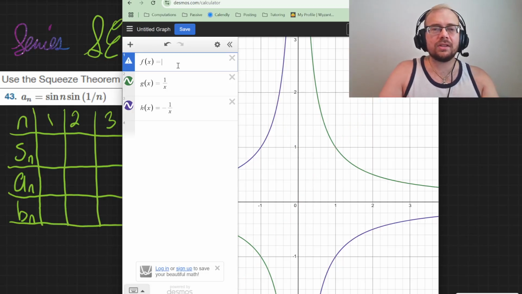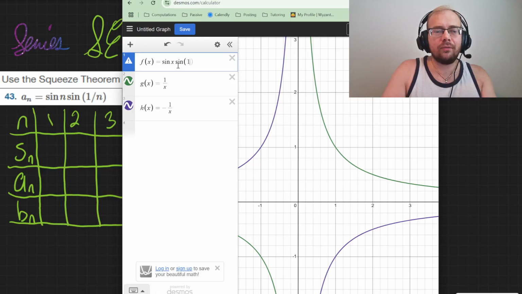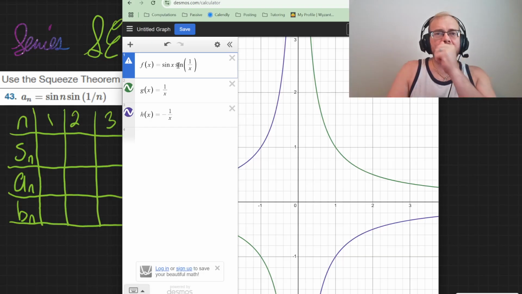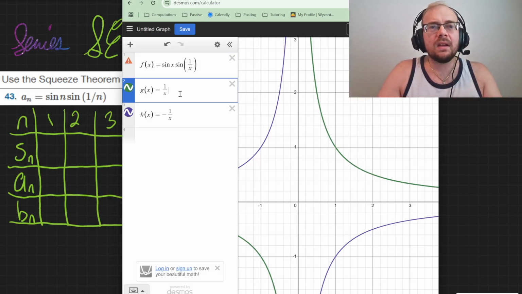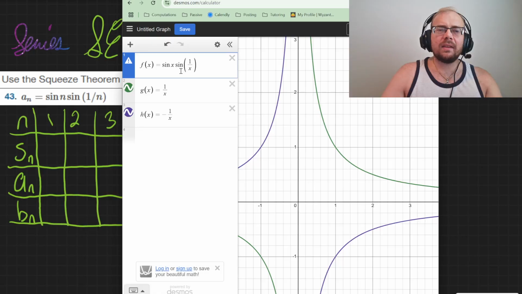So sine x times the sine of 1 over x, and I'm using x just to be kind of safe. I know Desmos is usually fine with using other letters besides x, but I just like to keep it safe. Keep it secret, keep it safe. Why is it not liking this? I don't know. Because I'm not timesing it?